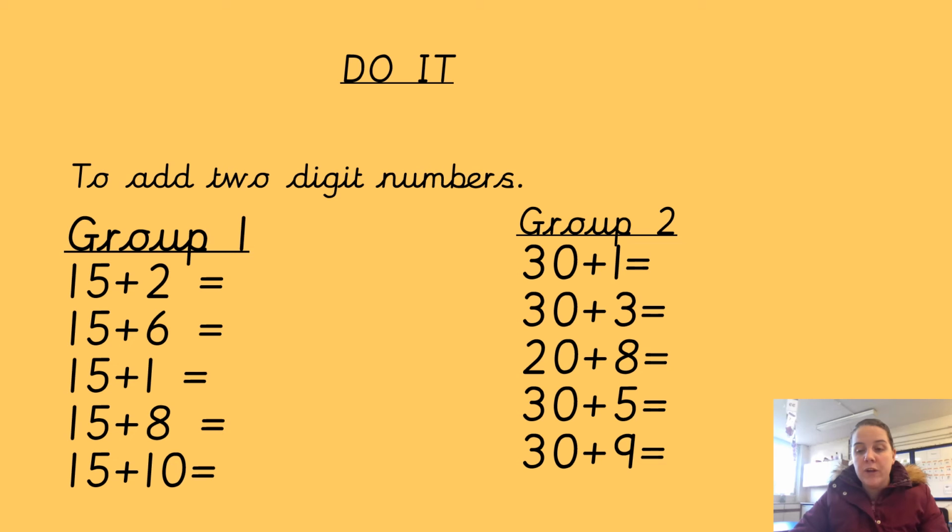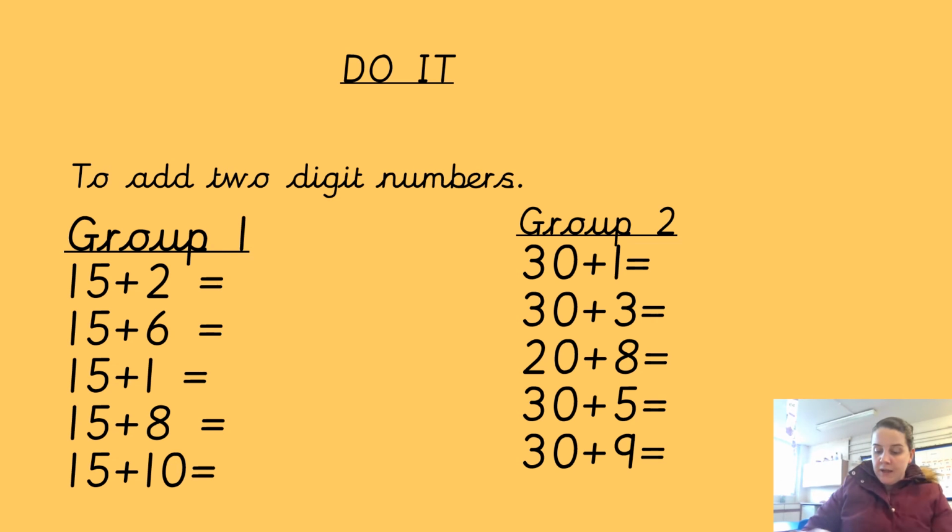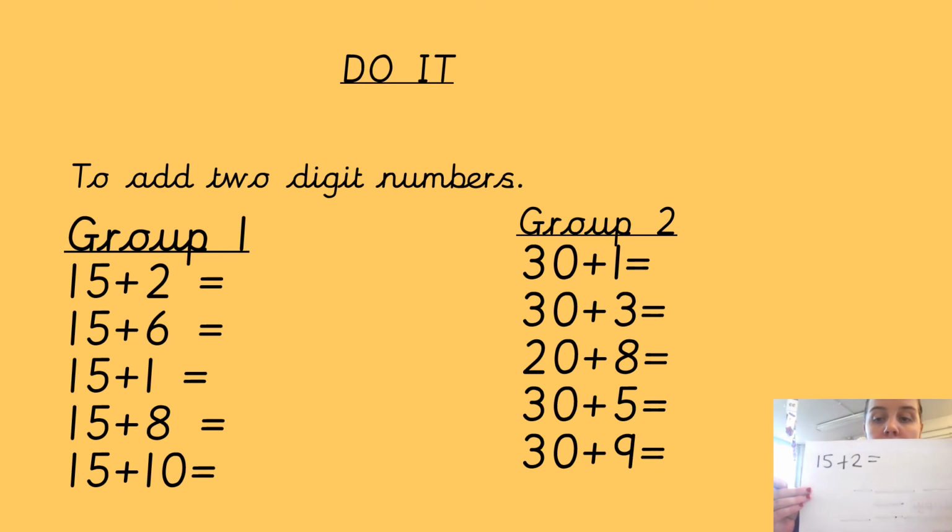If you can't do it that way, that's perfectly fine. You can use counters. You can use base 10, where you draw a 10 stick and you draw your ones. And I'm going to show you how to do that today. So if I was doing 15 add 2 equals, I would do my 10 stick and my ones, 1, 2, 3, 4, 5, and then my 2 ones on that side.